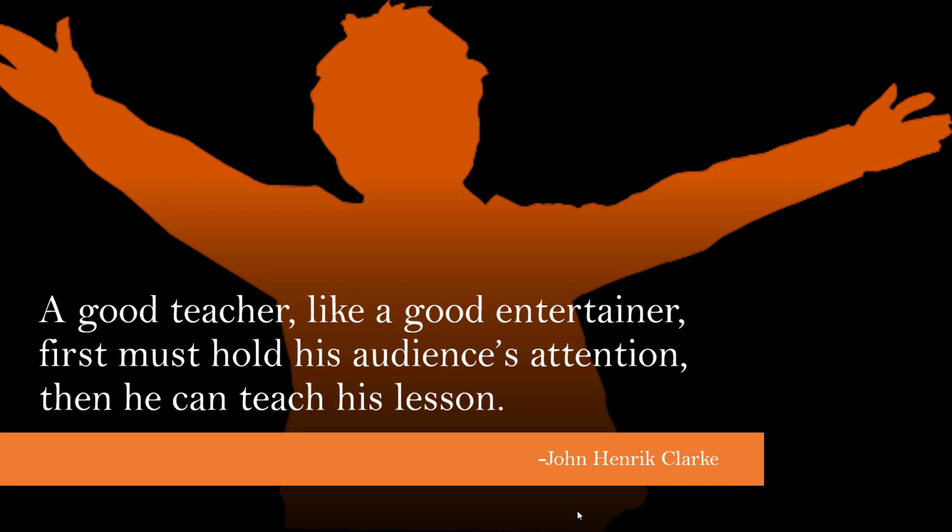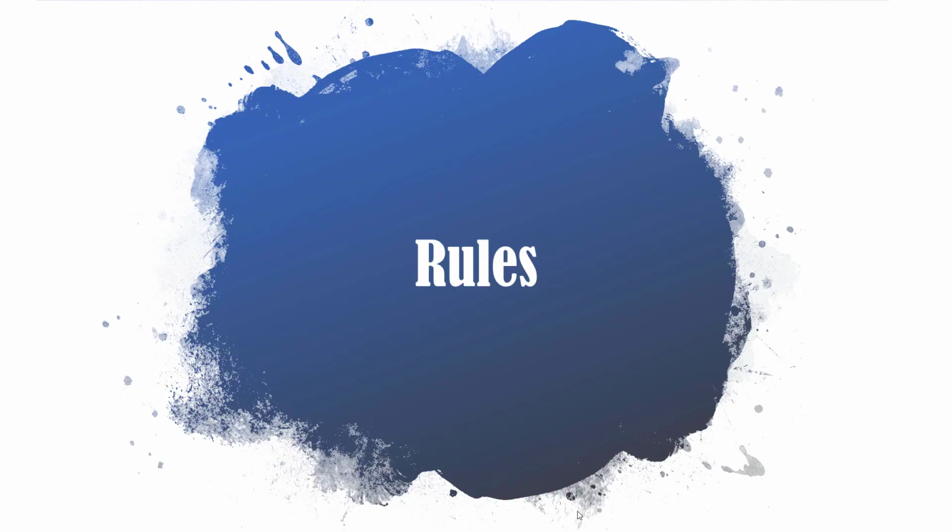Those things reduce challenging behavior and therefore allow you to spend more time actually teaching your lesson and content. So anyways, I really like that quote, especially with regards to making sure you arrange the environment so that there are no challenging behaviors, so that you can have the audience's attention and you can actually teach.